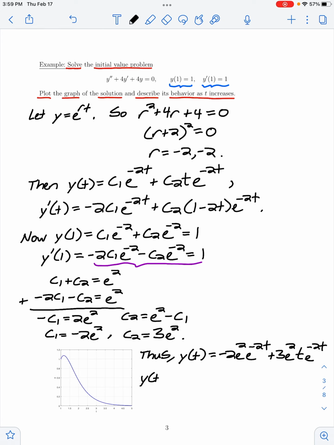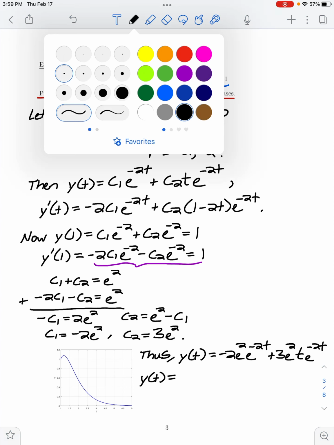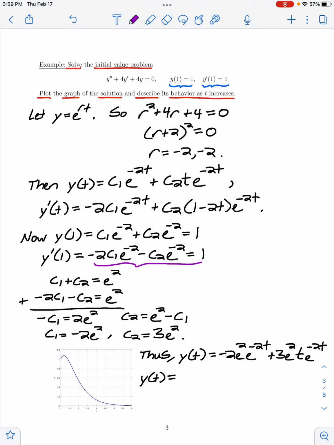And I can simplify this expression a bit by combining some exponential terms. So here, where I have e squared times e to the negative 2t, I can combine those exponentials by adding the exponents. So I have negative 2 times e raised to the 2 minus 2t power.